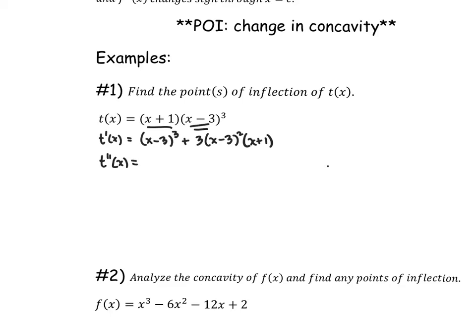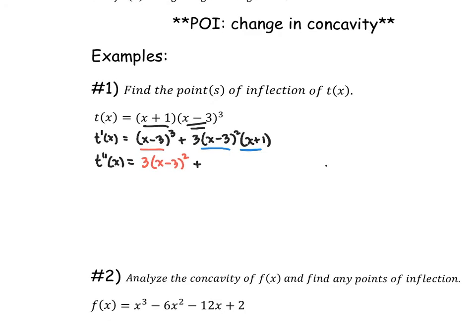And then working specifically, now I have just one term here, and then I've got a product rule here. So that first term will be 3x minus 3 quantity squared. And then for the product rule here, I would pull the 3 out in front, and then do the product rule of everything inside of here.